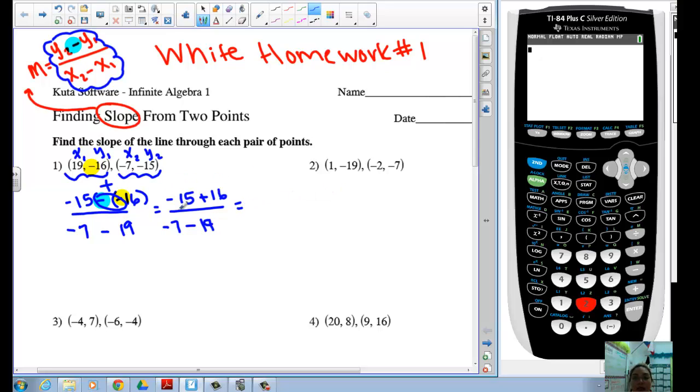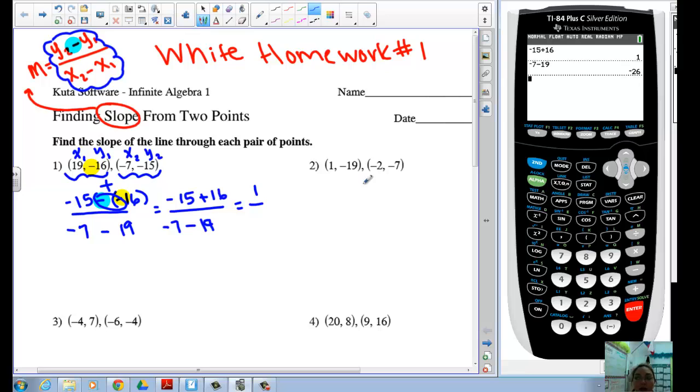Okay, now you can do these separately. You can do the top, and you can use any calculator that you have, and you can put negative 15 plus 16. Hit enter. You know that the top number is going to be 1. And then for the bottom, you type in negative 7 minus 19. Then you push enter.